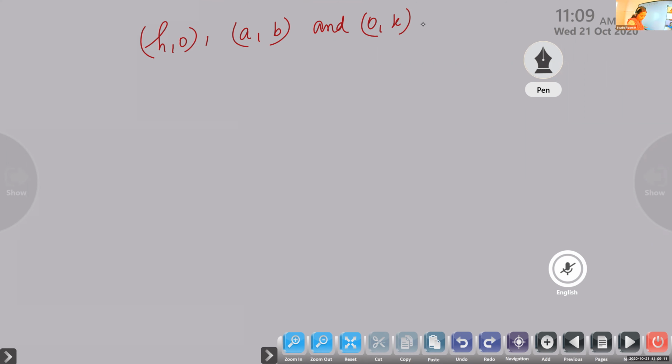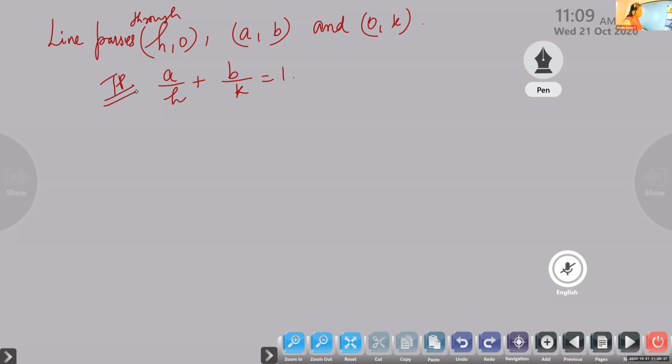Prove that a by h plus b by k is equal to 1. Line passes through these points. You have to prove a by h plus b by k is equal to 1.